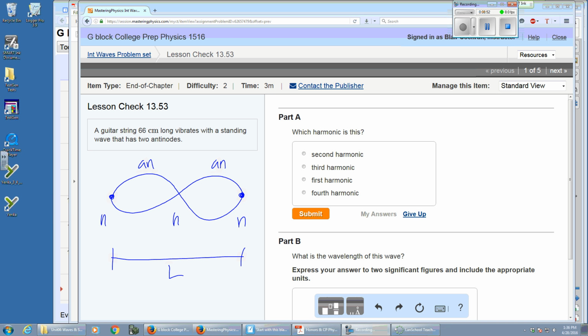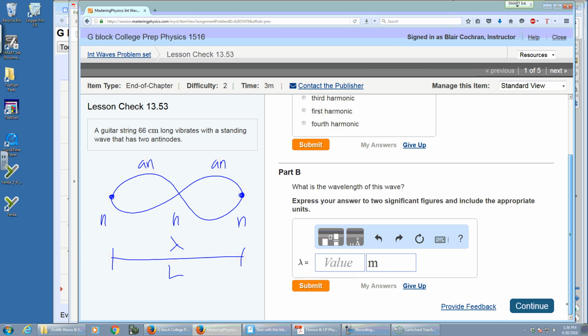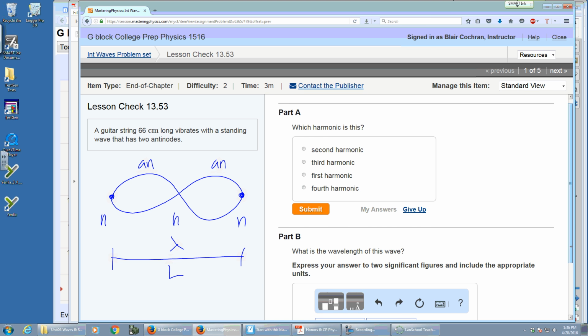How much of a wavelength is in that length? One wavelength. So that's the length, and that's also lambda. And I think if you have that, you're probably good with the whole thing. Let me know if you need help with that one.